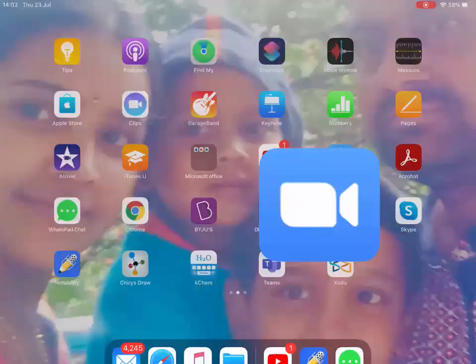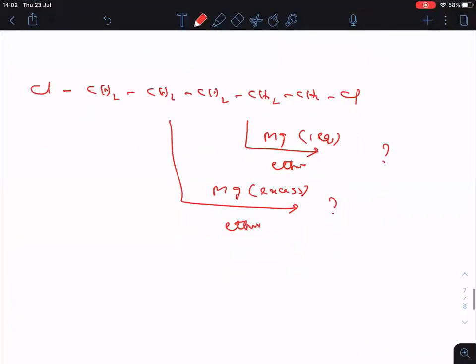Okay, so let me give the answers here. With one equivalent, many students wrote the correct answer. That is the cyclopentane we will get here. Clear? Whereas with excess, we will get the digrignard. Clear, everyone?